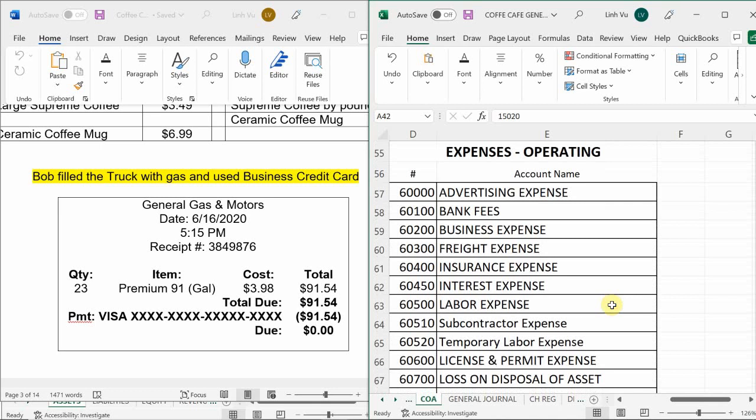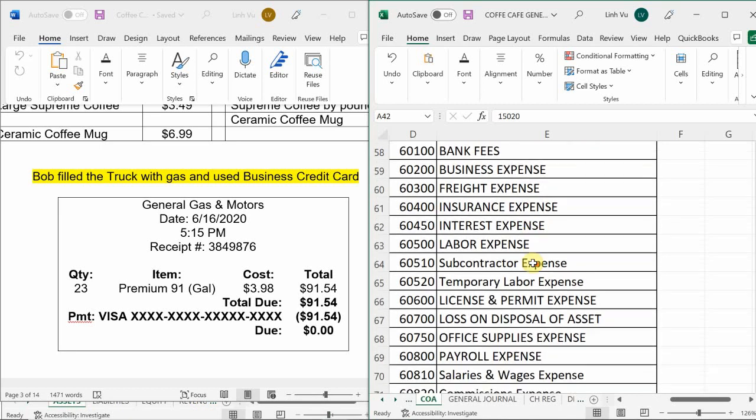Which kind of expense would this be? Is it an advertising expense? Is it a bank fee? Is it a business expense? Is it a freight expense? Is it insurance expense? Wouldn't it be a business expense? It can be, but let's keep reading down the list to see if there's anything that's more appropriate.